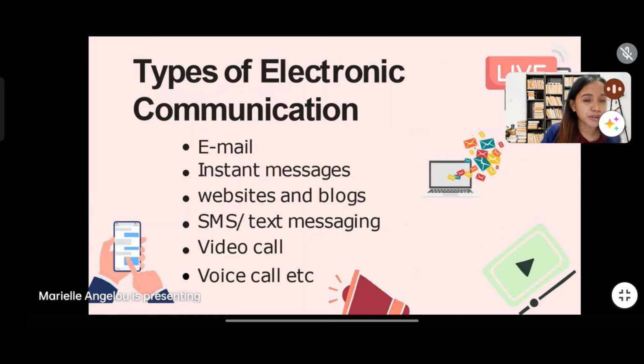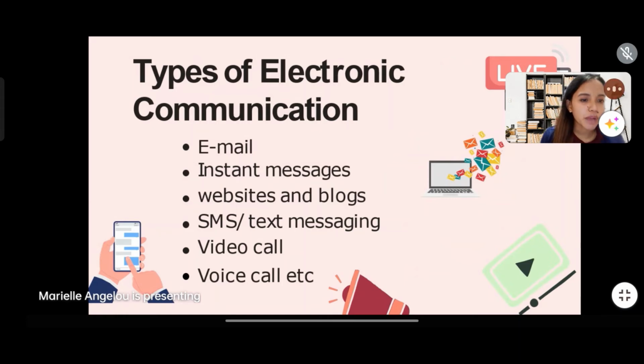For example, we have a very used instant messaging application, Facebook Messenger. That is an example of electronic communication, particularly instant messages. Aside from being an example for instant messages, we can also use Facebook Messenger as an example for video call.